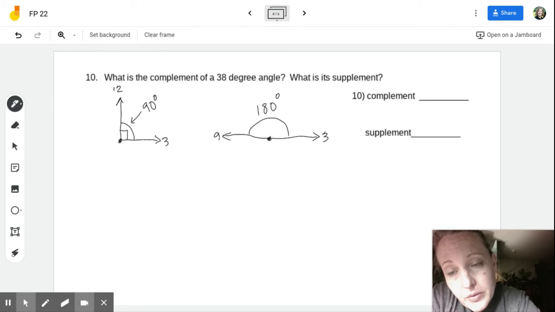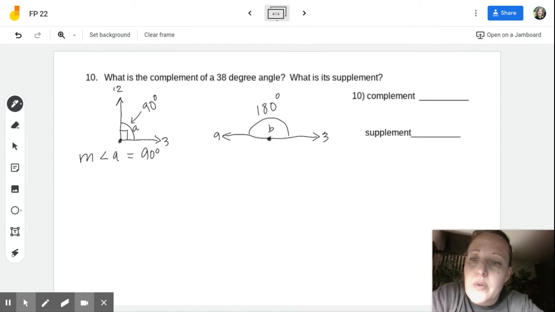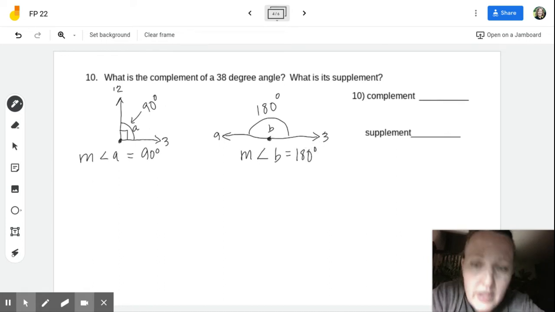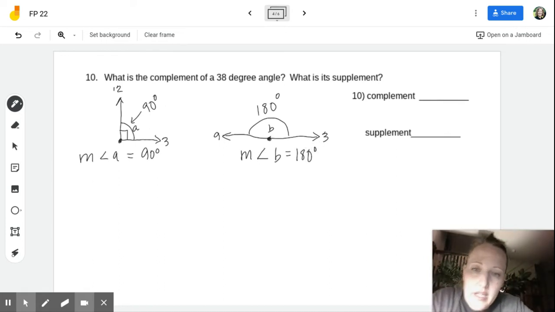And so we could label this one A and label this one B. And we could say the measure of angle A is 90 degrees. So the measure here of angle B is 180 degrees. Okay, that's just to give you a reminder of some of those terms that we use.